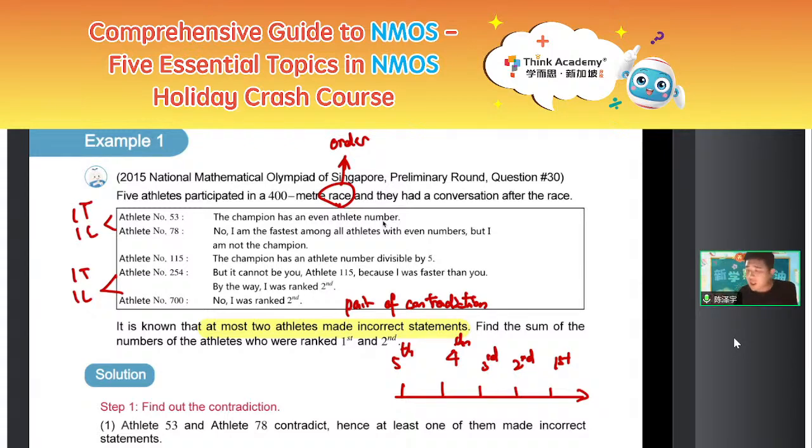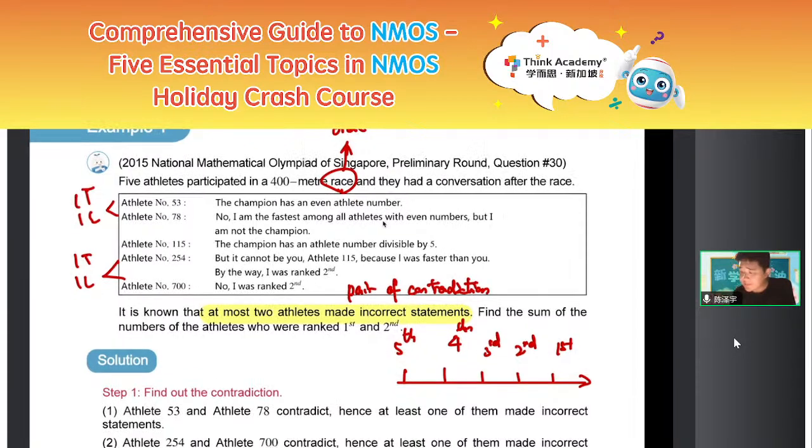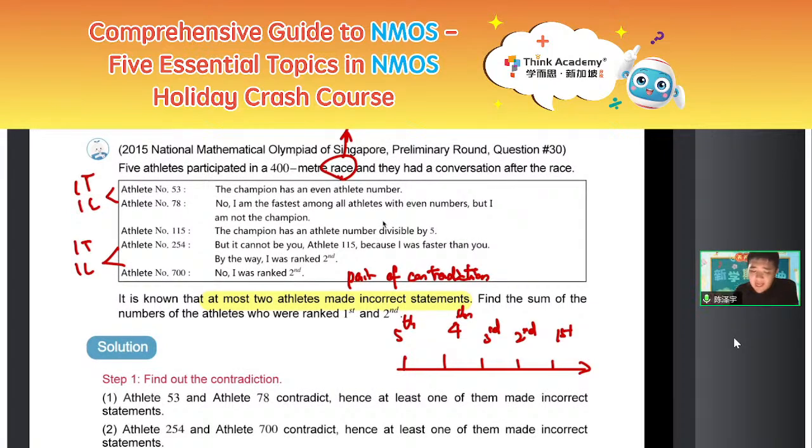Now, what the question also says is that at most two of them are incorrect. Now, who could be the incorrect ones? So it's within the two pairs, right? The two incorrect statements are within the two pairs.